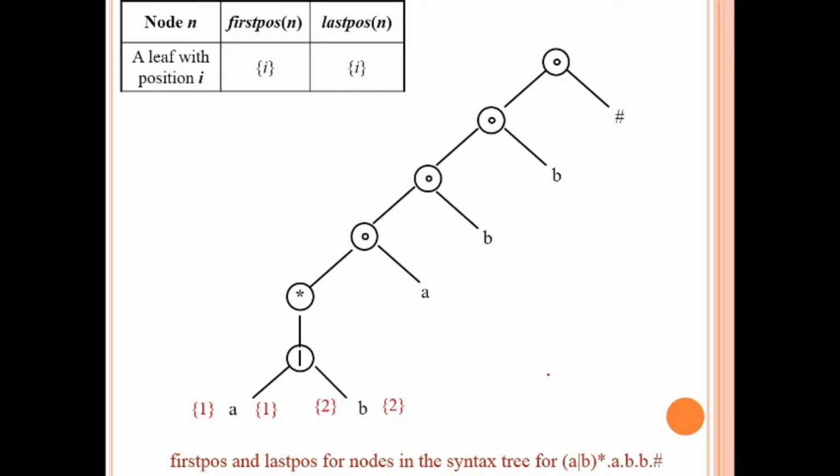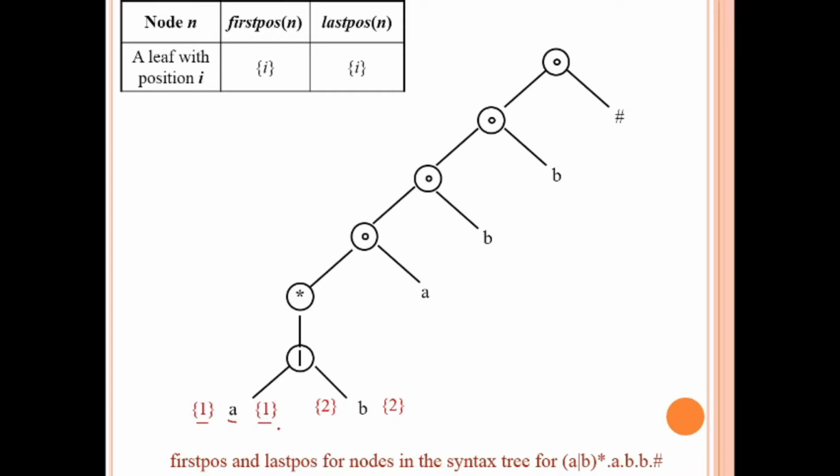To begin with, node A is a leaf node. So the rule says that if a node is a leaf node, then the first position and the last position of the node is the position itself. That means first position of node A is equal to its position, that is 1. Similarly, last position of A is equal to the position of that node itself, that is 1.